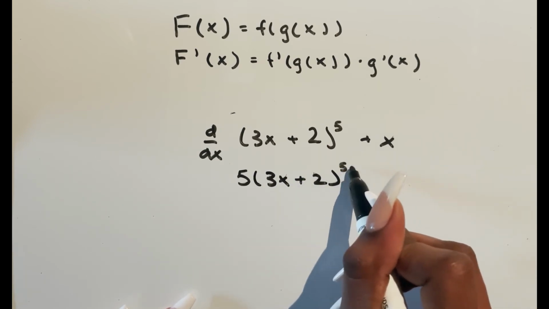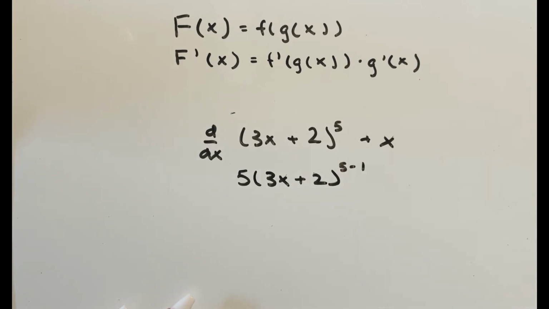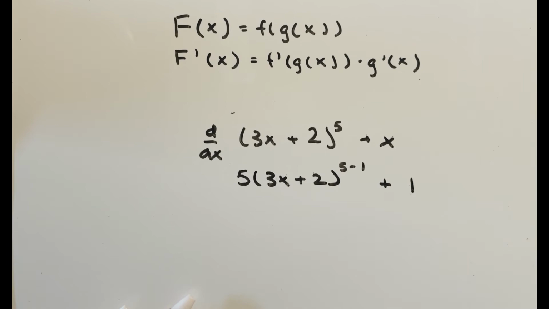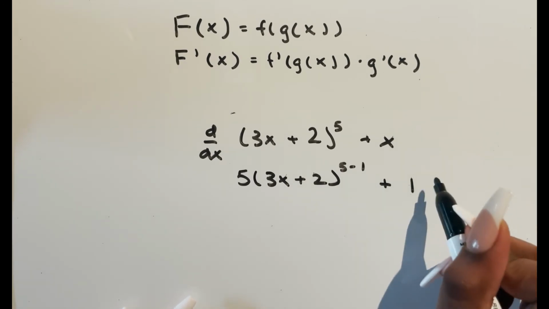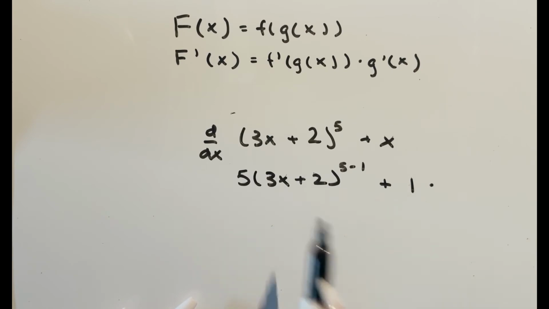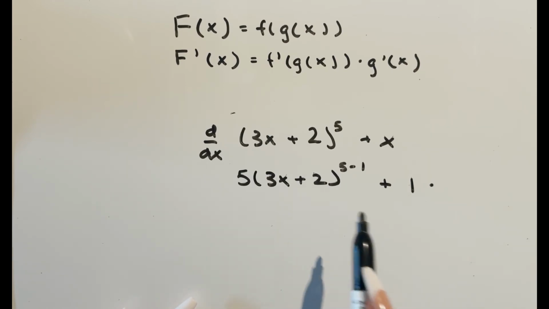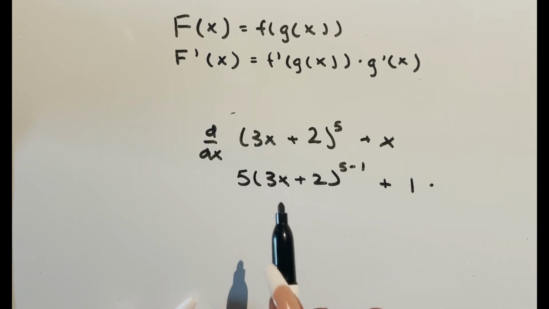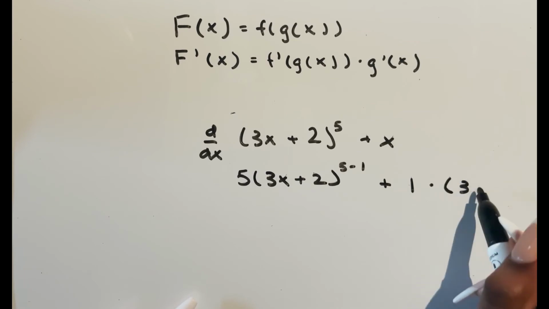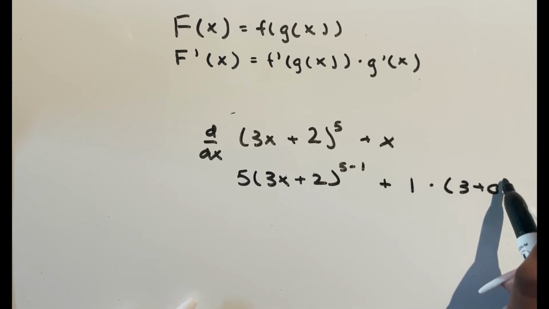And then we'll subtract 1 from 5. Next, we'll find the derivative of x, which equals 1. And then next, we'll multiply all of this times the derivative of the stuff on the inside. So we've got 3x plus 2. The derivative of 3x equals 3, and the derivative of 2 equals 0. So here we've got 3 plus 0.